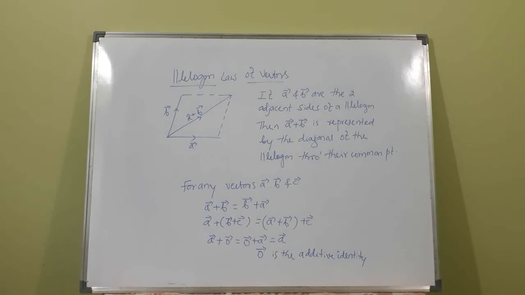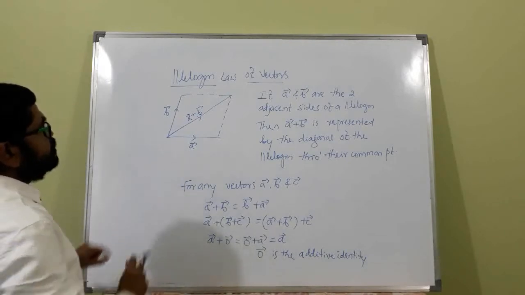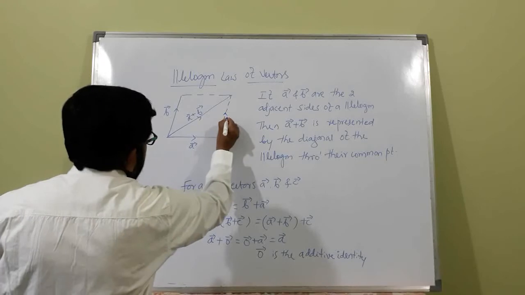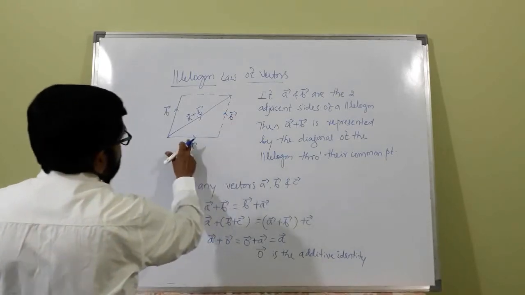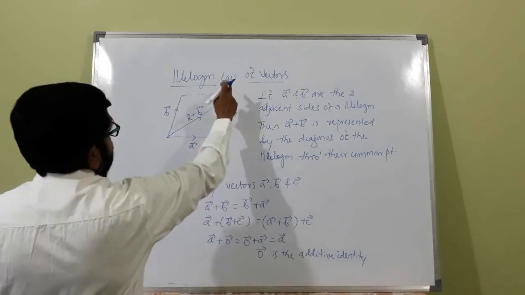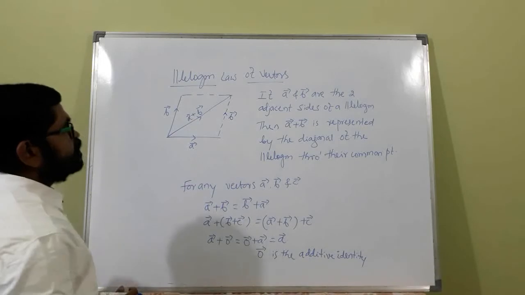If you join like that, what happens? What is the use of completing this diagonal? This is nothing but parallel displacement. This will become B. Then suppose you take ABCD, AB plus BC will become AC, A plus B, due to the triangle law of addition.